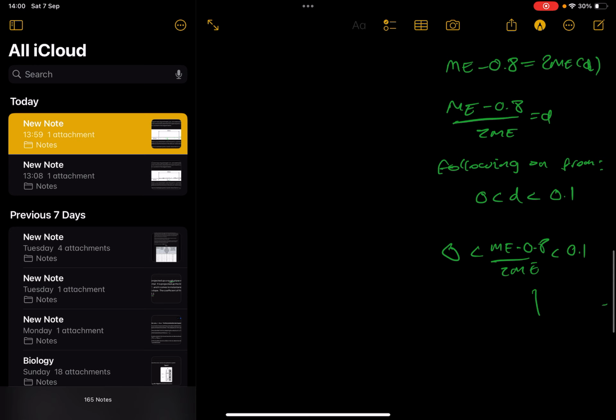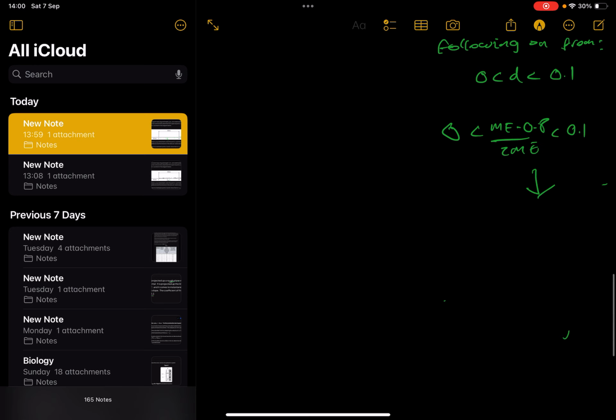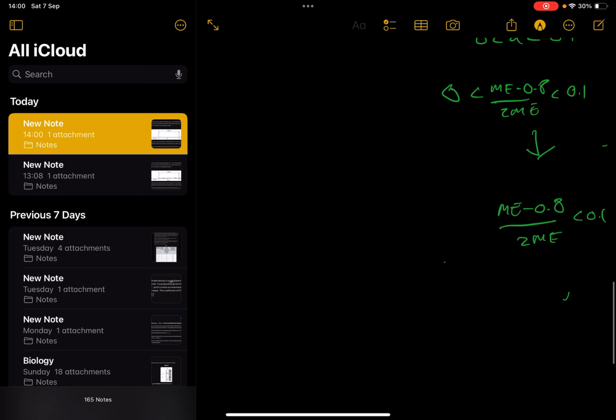So let's split this into two parts. m minus 0.8 over 2m is less than 0.1, so m minus 0.8, and we're going to multiply everything by 2m.